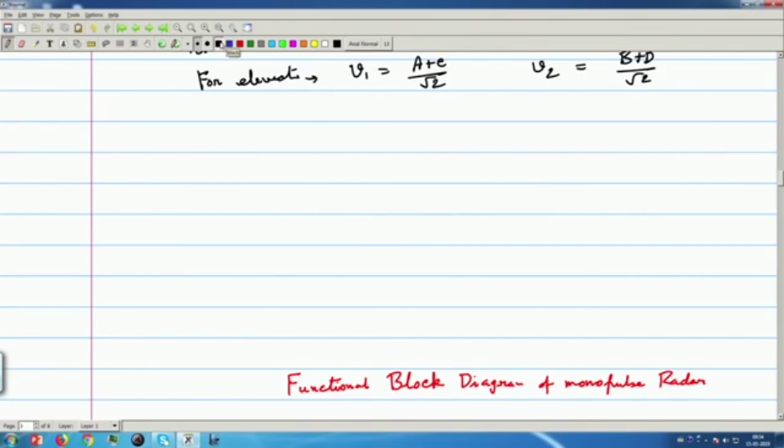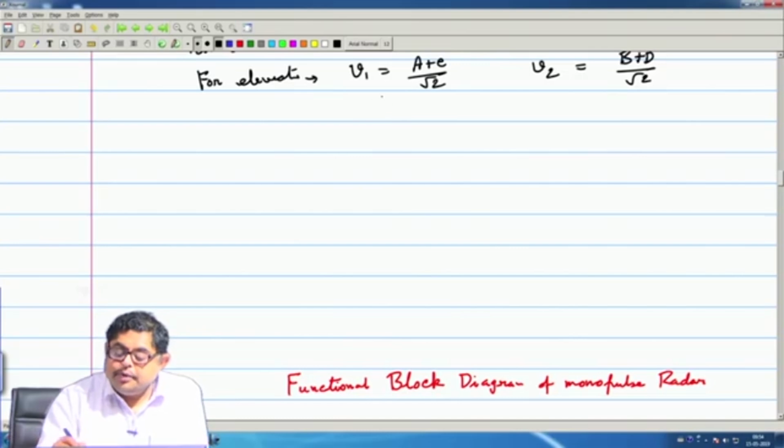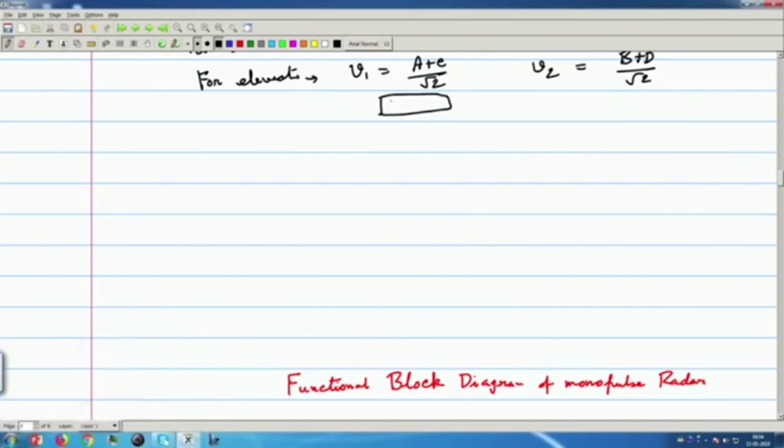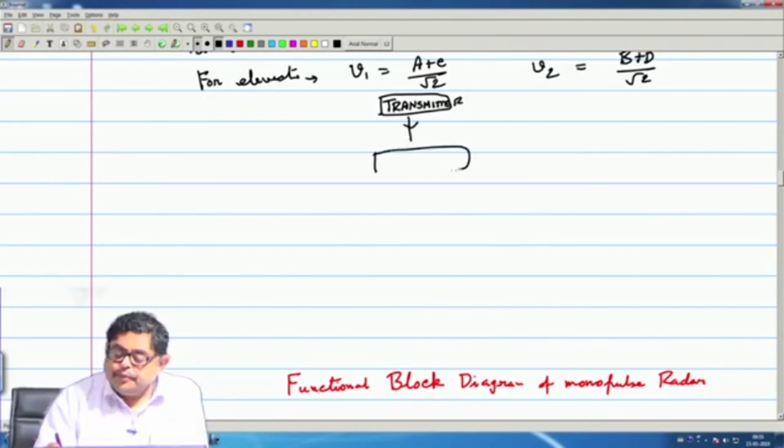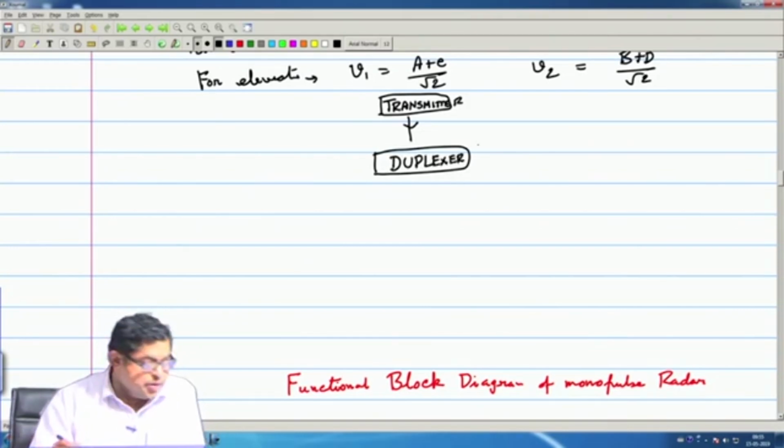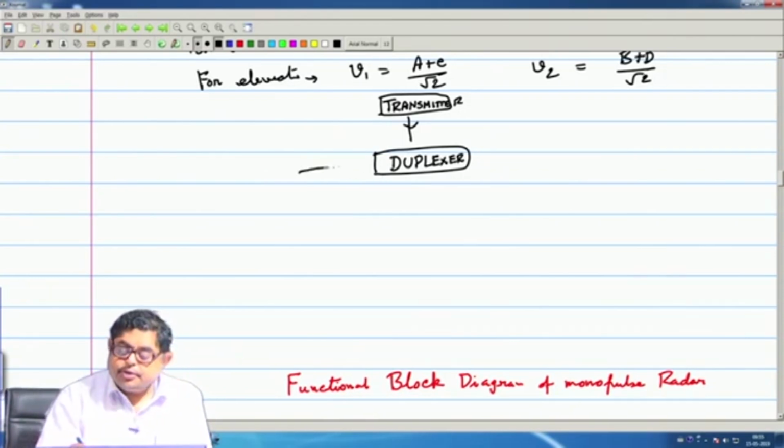So, we have a transmitter. That transmitter gives the signal to the duplexer.